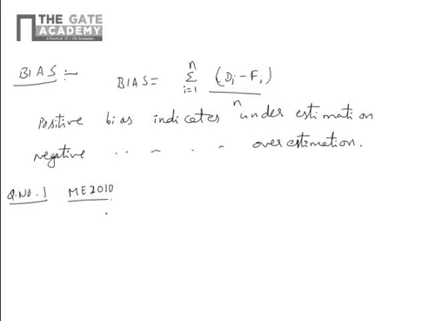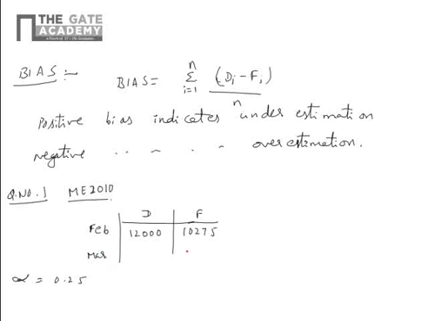The demand and forecast for February are respectively 12,000 demand and forecast 10,275. Using single exponential smoothing method, smoothing coefficient alpha equal to 0.25, forecast for the month of March. So he is asking what is the forecasted value.